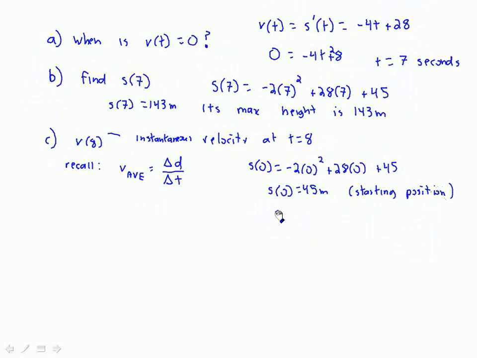And then s at 8 is equal to negative 2 times 8 squared plus 28 times 8 plus 45. We should get 141 meters.